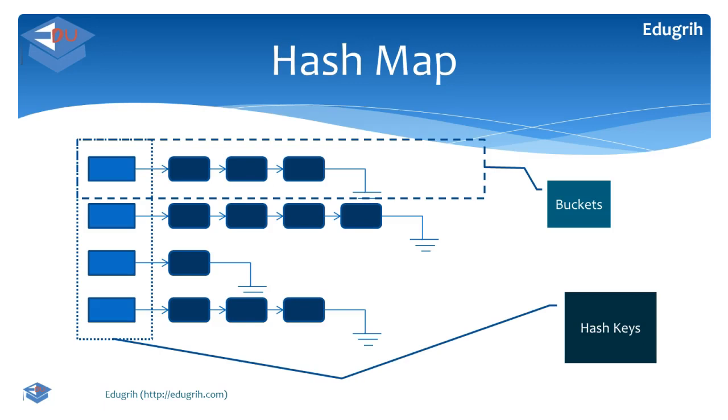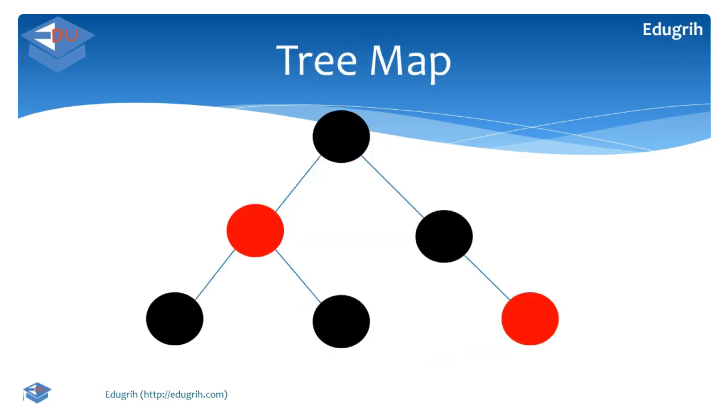Moving on from hash map, the next important implementation of a map is tree map. So what exactly is tree map? A tree map is a red black tree based navigable map implementation. It maps the values and stores them in a sorted way, as per the natural ordering of its keys or on the basis of a comparator which you provide while constructing this map.